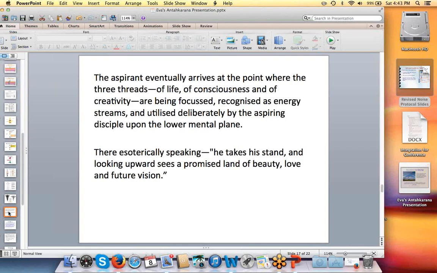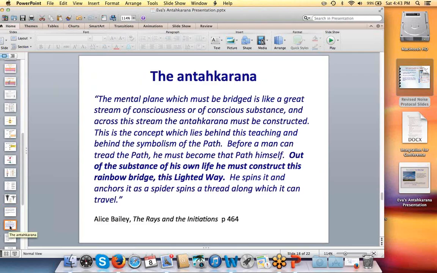This is why we stay focused. This is why we try to tune our mind and hone it in, because without working on the mind, we're not going to get anywhere. Esoterically speaking, we say that he takes his stand and, looking upward, sees a promised land of beauty, love, and future vision. So we stand right on that mental plane.